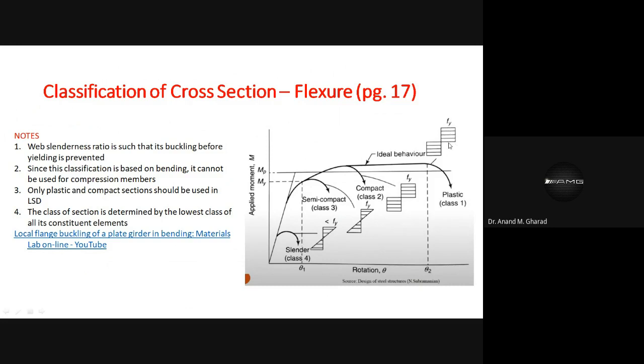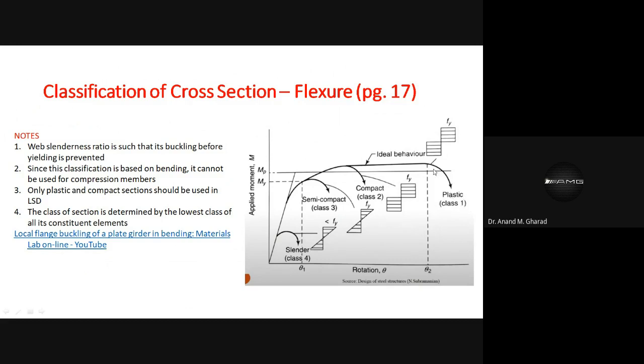That is, the material has first of all yielded, yield stress has been achieved, and it has the capacity to even carry the load up to the point at which plastic hinges are developed. That stage or that behavior is known as plastic classification.